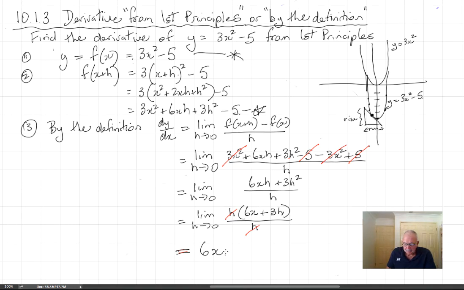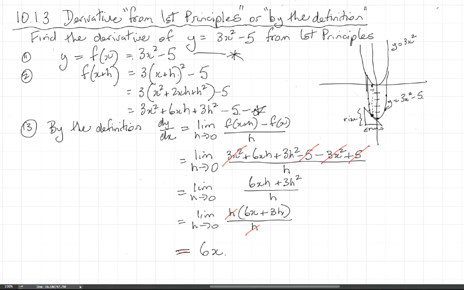Okay, so what does that mean? That means that given an x value at some point on the curve, let's have a look at this. Say this is the point x equals -1, and that corresponds to this point down here. At that point, because dy/dx is equal to 6x, at x equals -1, dy/dx equals 6 times -1, which equals -6.